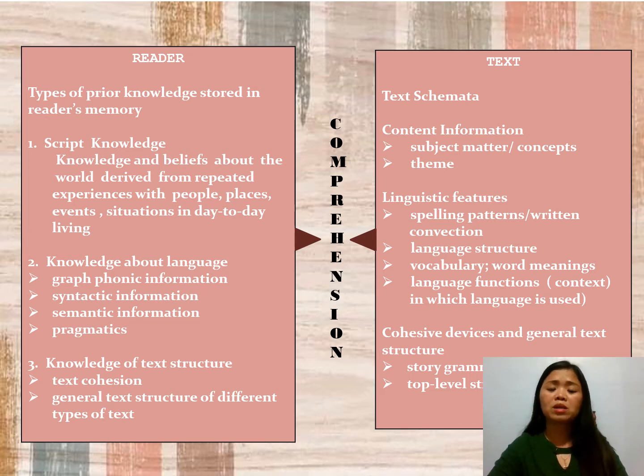The second one is knowledge about language, and the categories are the graphophonic information, syntactic information, semantic information, and pragmatic. The last one is the knowledge of text structure, which has two basic levels of text structure, the text cohesion and the general text structure of different types of text.